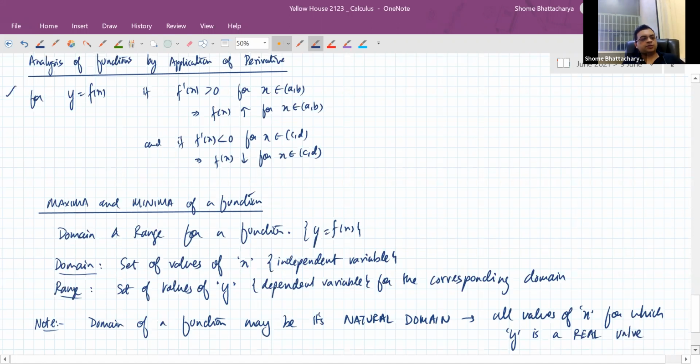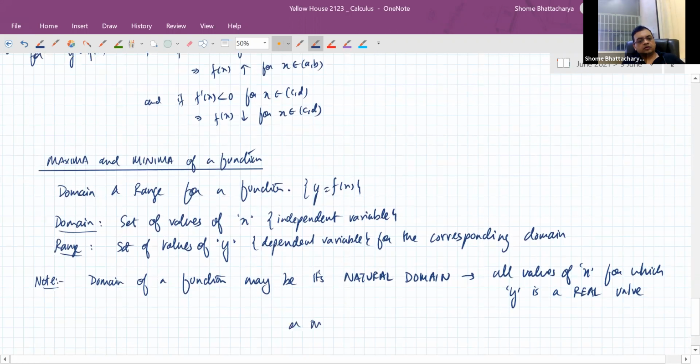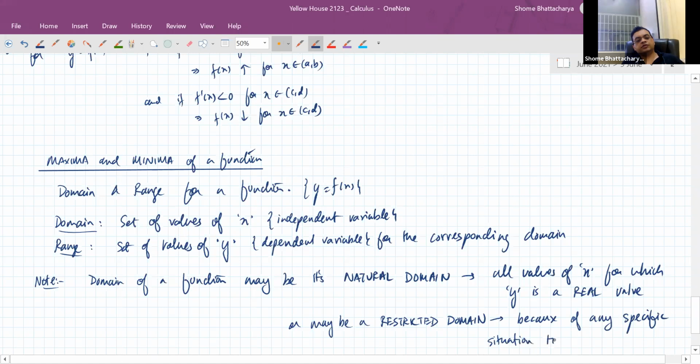I'll explain this with examples also. Or on the other hand, it may also be a restricted domain. And this typically happens because of any specific situation to which the function is being applied.